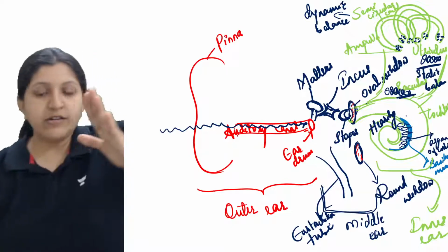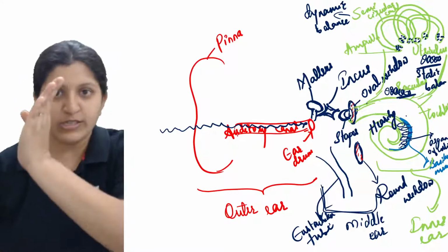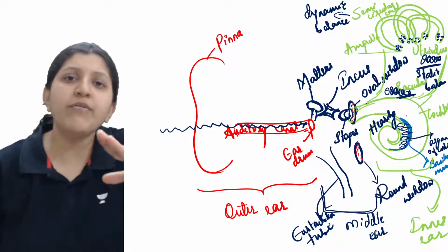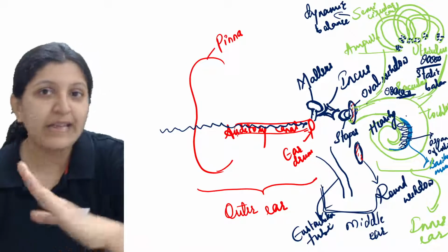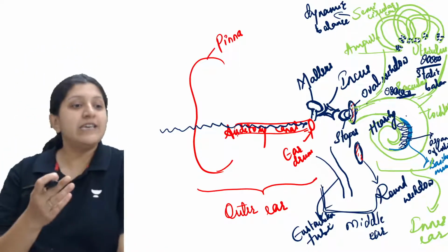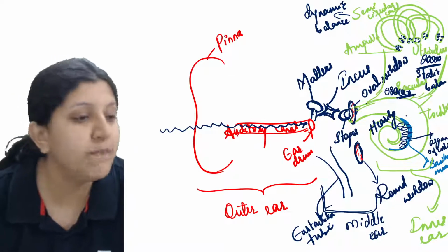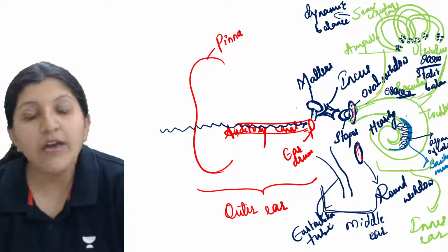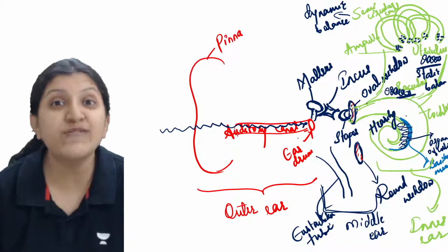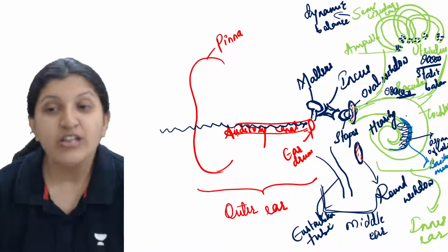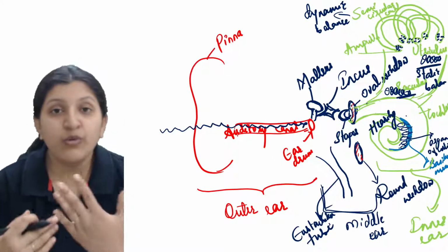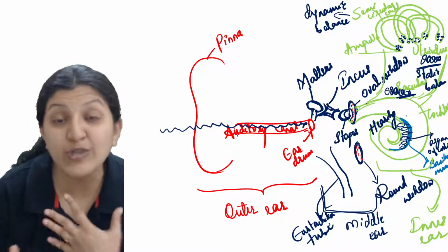The eardrum starts to oscillate, so a vibration is set up in the eardrum. Since the eardrum is attached to the malleus, there is an amplification of the sound wave that is going to happen.